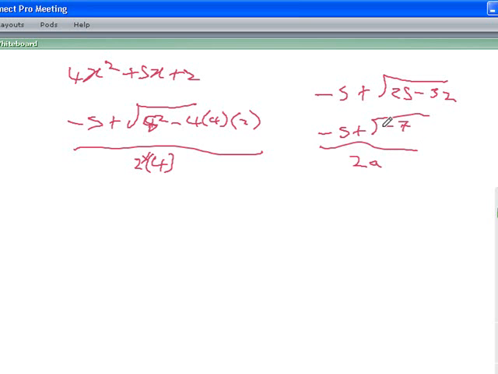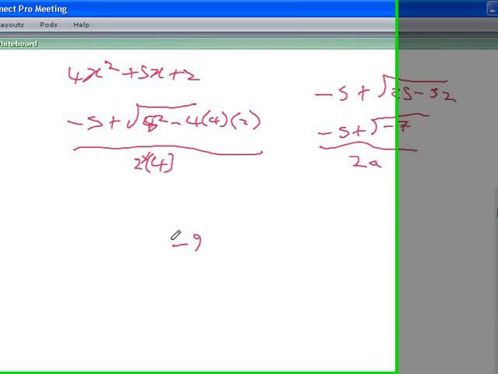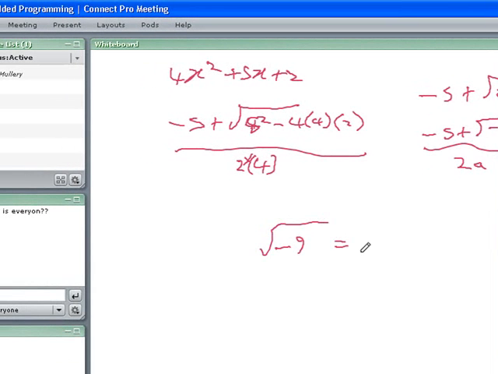Now the trouble is that if we get the square root of a minus number, that's not actually possible to do. Even if that was minus 9, for example, square root of minus 9, you might think that the answer is minus 3, but minus 3 squared is minus 3 by minus 3, which is plus 9, which obviously is not the same thing.